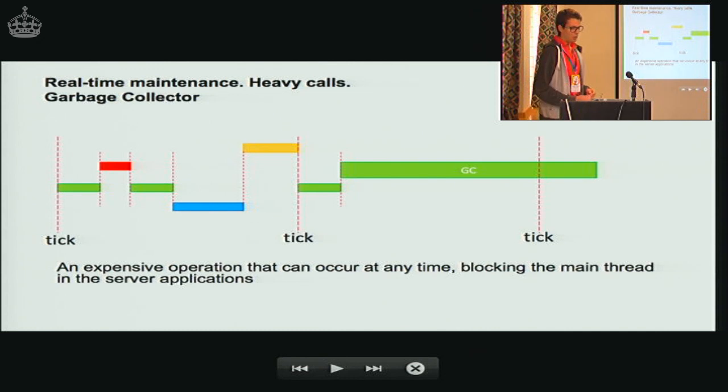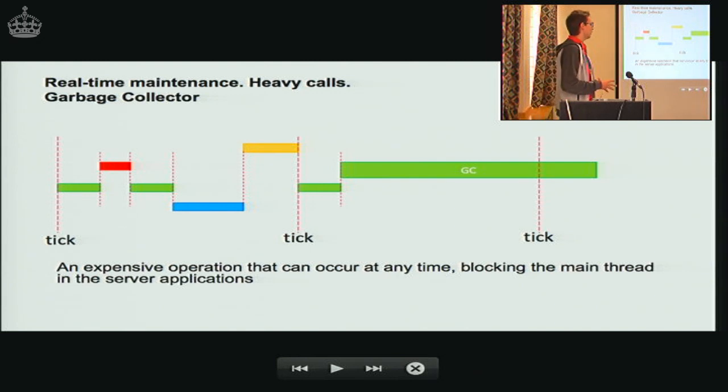But not everything is so easy. There are some examples of Python heavy calls which are not interrupted by preemptive multitasking. For example, the garbage collector. When the garbage collector works, it is a kind of stop the world, and the program will continue working only after garbage collection stops.